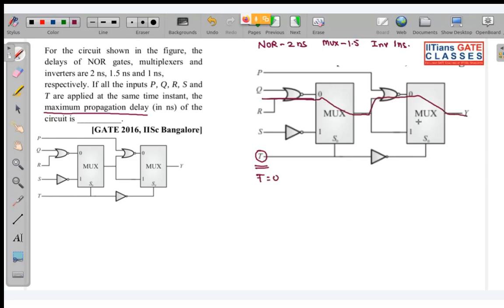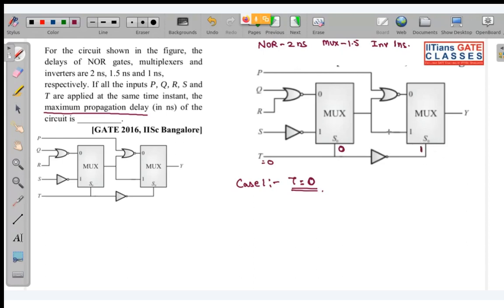Let me explain this. Case 1: if t is equal to 0. First understand, then you can solve. If t is equal to 0, this will be 0, and as this is passing through an inverter, this will be 1.